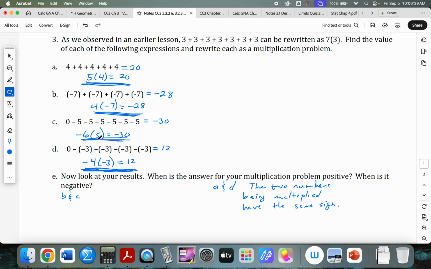All right, what's the same about B and C? What do you notice about those two? Yeah. Here, the two numbers being multiplied have opposite signs.